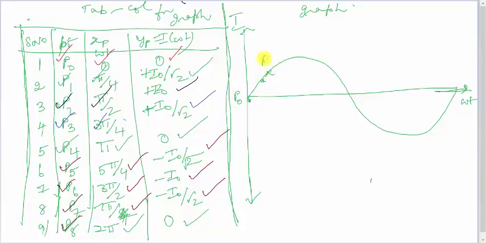This will be my P1. This is my P2. P3. This is my P4. This is my P5. This is my P6. This is my P7. And this is my P8.